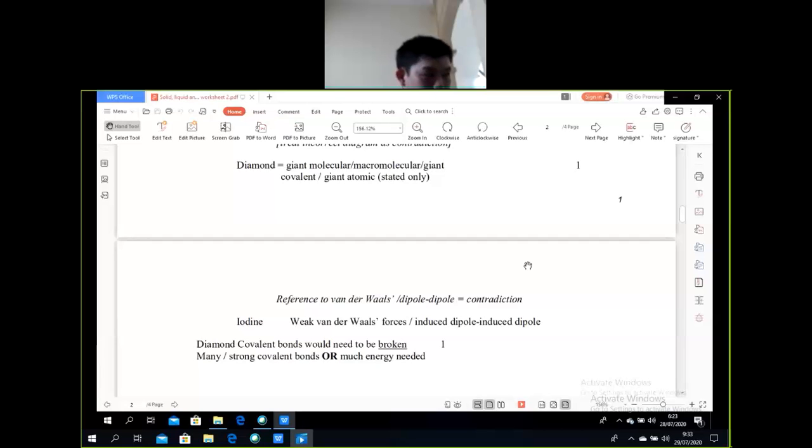So when they combine chemically, there is no electronegativity difference. Then this iodine molecule has instantaneous dipole-induced dipole forces that give it a low melting and boiling point. While diamond has a giant covalent network with a tetrahedral structure that has strong bonds, so it requires high temperature to overcome the strength of the bonding.